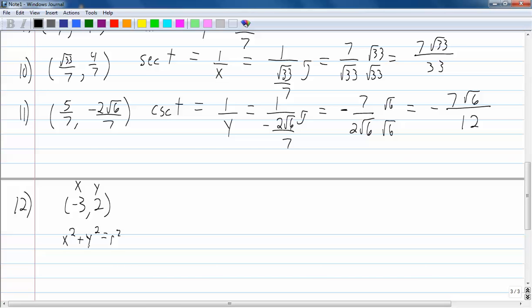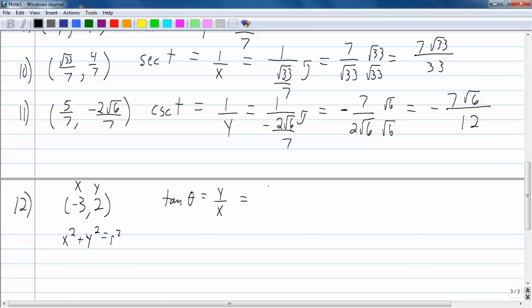But the problem asks us to find the tangent of theta, if this point, negative 3, 2, lies on the terminal side of our angle measure. In terms of x, y, and r, tangent is y over x. So we don't need to find r for tangent.